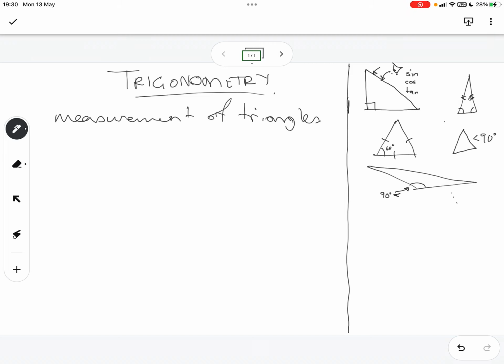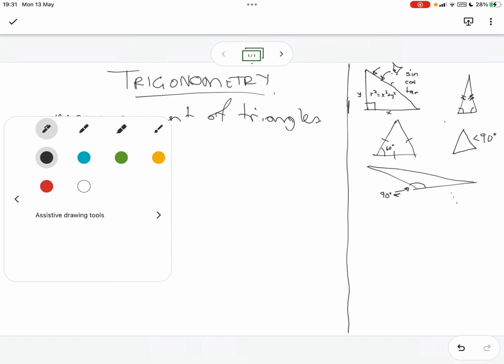Now, in grade 10 geometry, for right-angled triangles, we learn a very important relationship. It's called Pythagoras theorem. And it's simply that r squared, which is the hypotenuse squared, equals the sum of the other two sides squared.